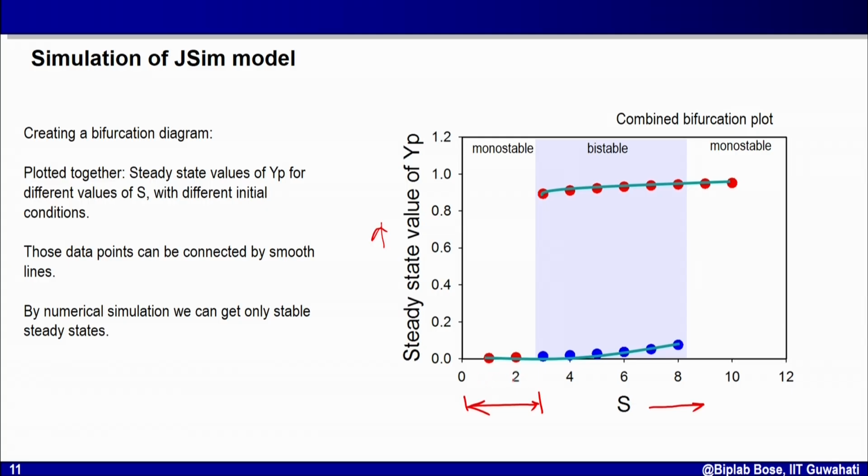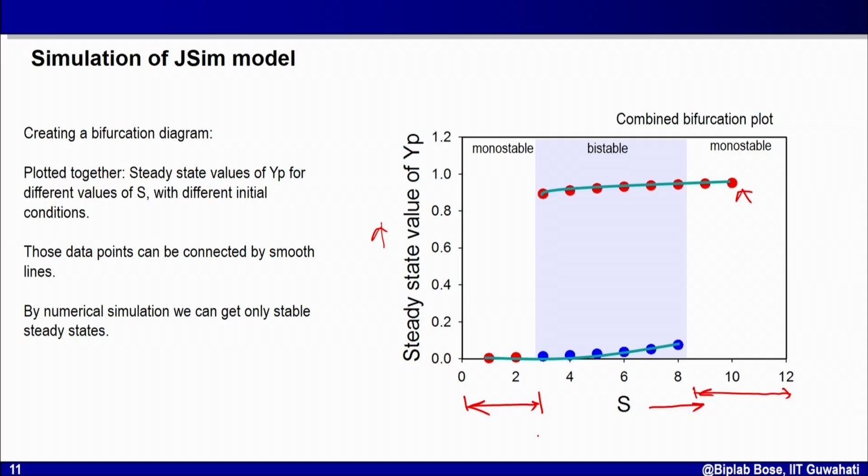So the system is monostable. Whereas for this higher value, again, irrespective of the initial condition, the system reaches this higher steady state. So again here, the system is monostable.